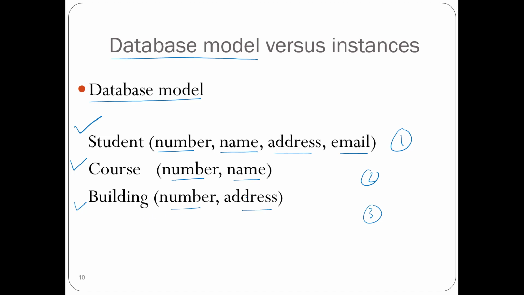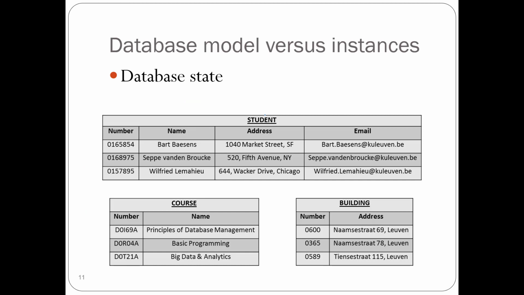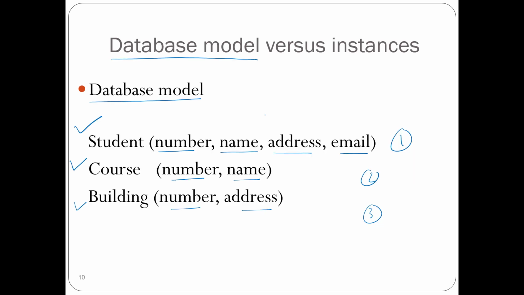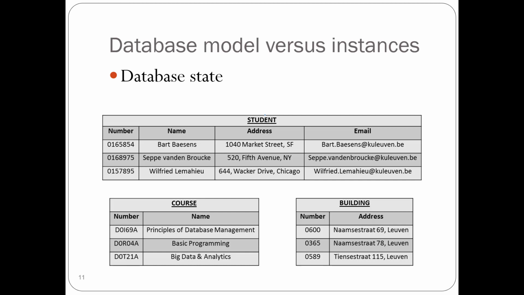These are all determined at the database model level. Once you have determined it, you're not going to change it for your database. Now let's move on to database state. The database state comes into the picture when you put the data in your data model. So this is your data model, and here is the database state.